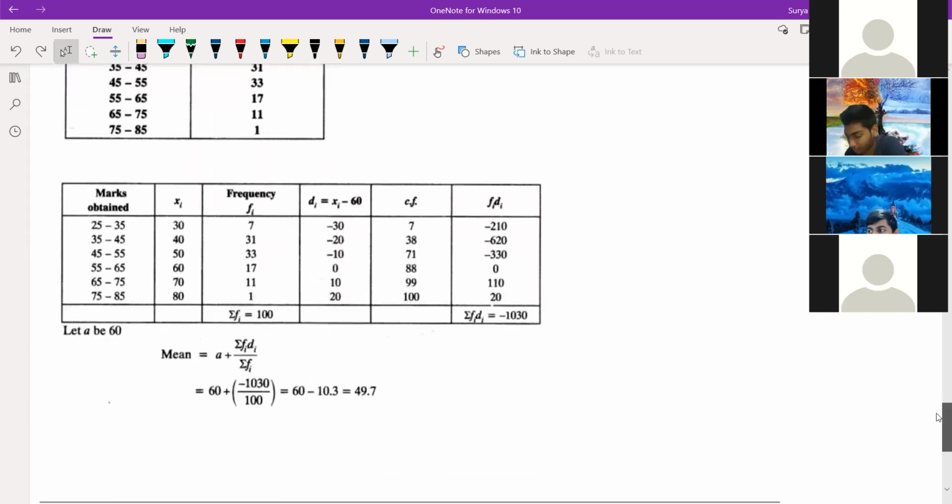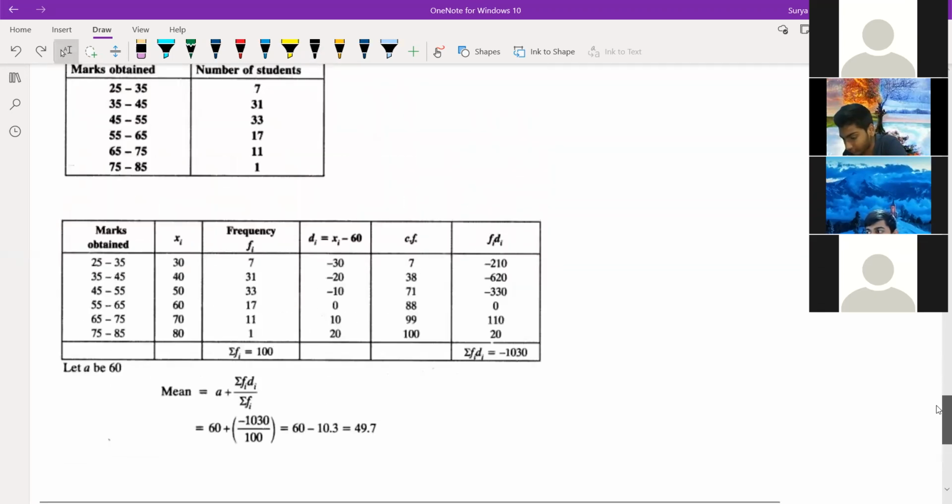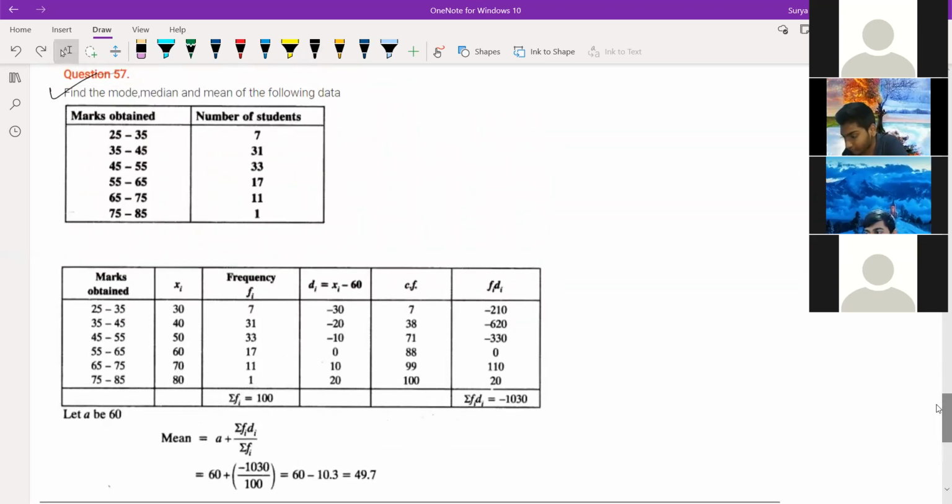Sir, I'm solving. Sir, mean I got 49.7, mode I got 46.1. Oh, so fast. The ogive graph is not there. No, ogive is removed, right?